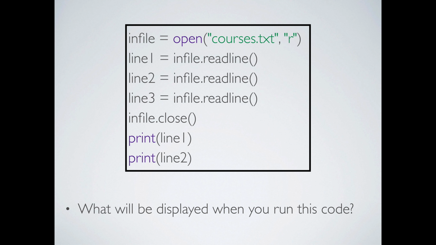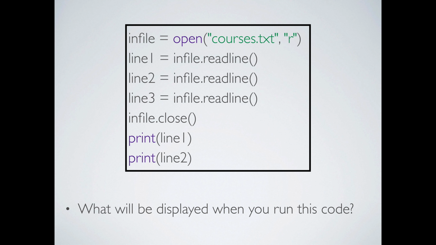Now, the next time I say infile.readLine and then store it in line 2, that will store the contents of the second line of the file. And again, this is because these files are sequential access. So if you read a single line, you can picture a tiny person running around in the file.